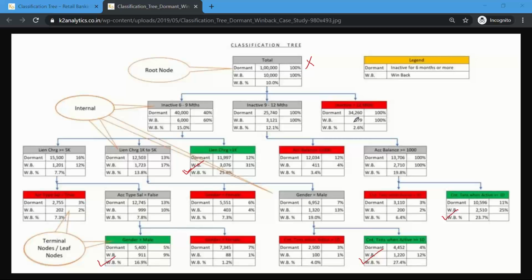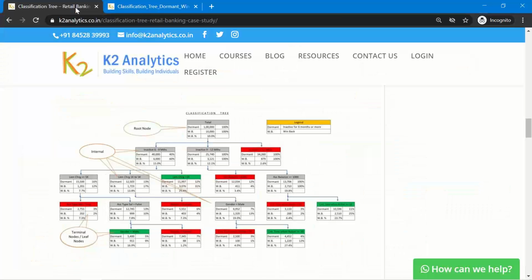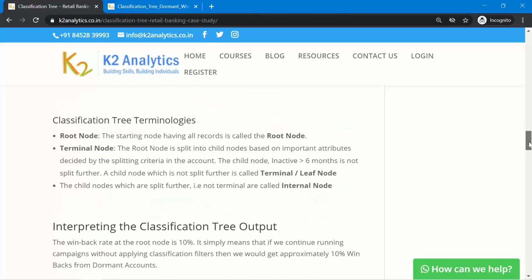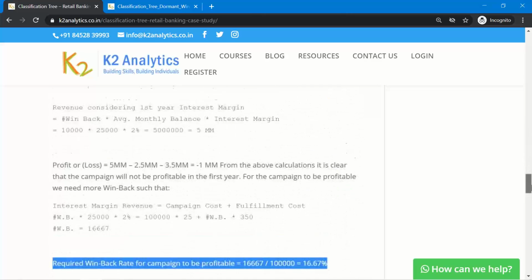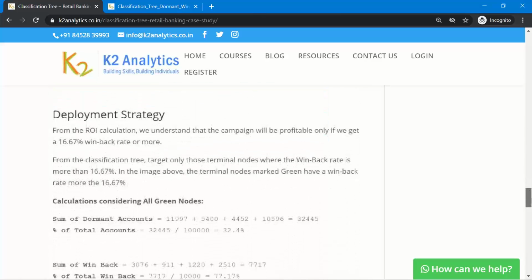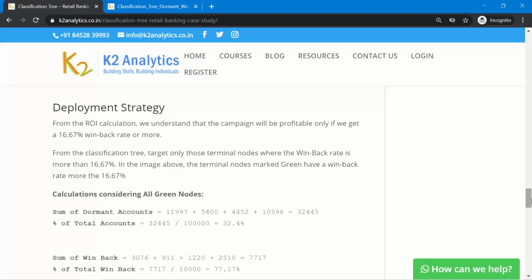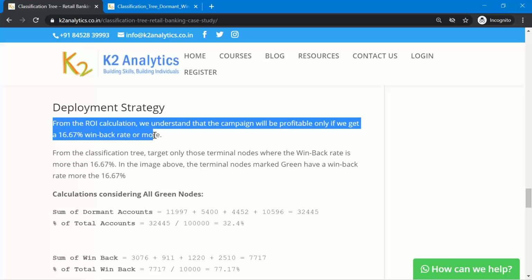Now let us do the calculations of how profitable our campaigns would be if we just target the green segments. So here I'm going to show profitability at green segment level. Our strategy from the classification technique will be to target only those segments where our winback is more than 16.67.